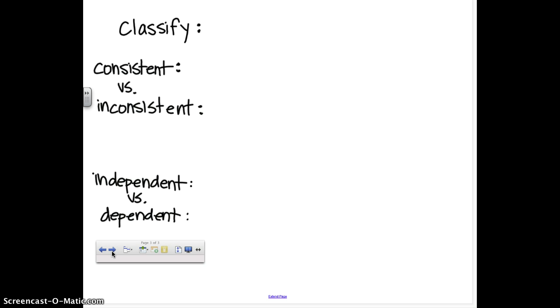Let's look at consistent versus inconsistent first of all. A consistent system is a set of equations or inequalities that has at least one solution. An inconsistent system is one that has no solutions.